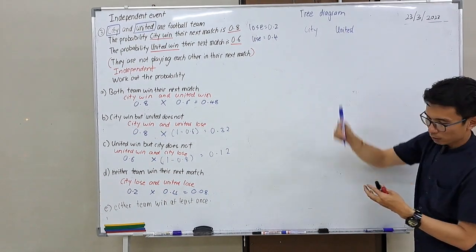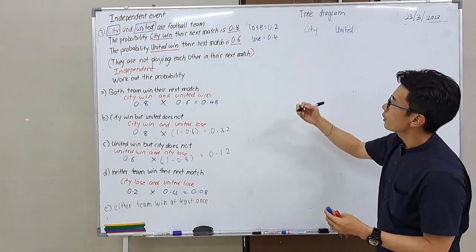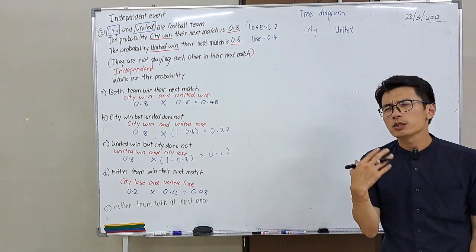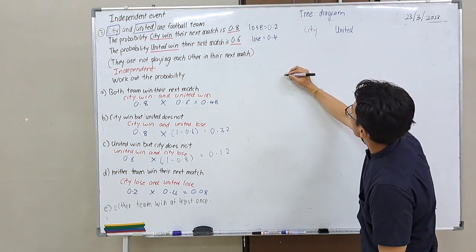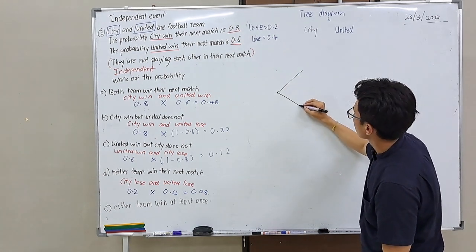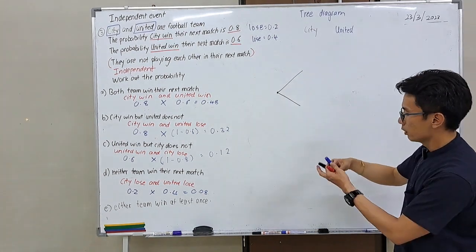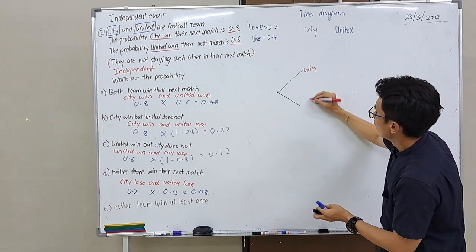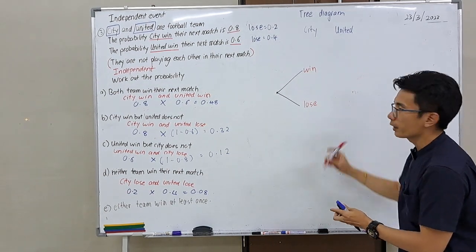When City play, they have two outcomes: it's either they win or lose. So I'm going to start from the middle and break into two lines because there are two outcomes here. It's either they win or they lose.